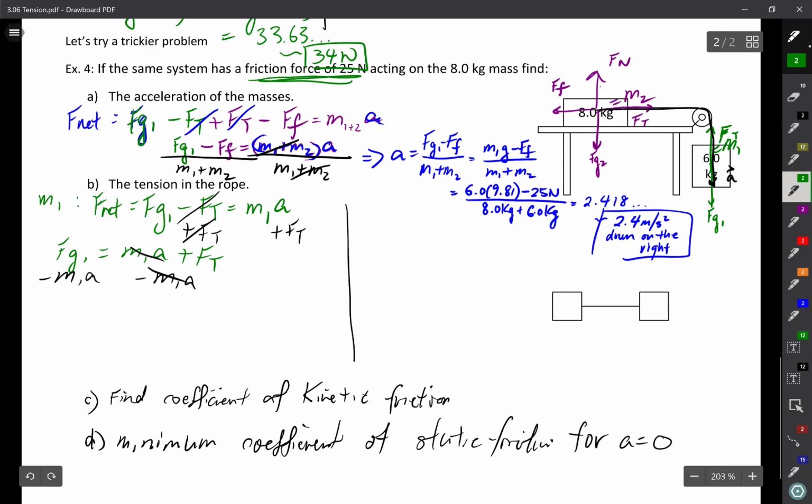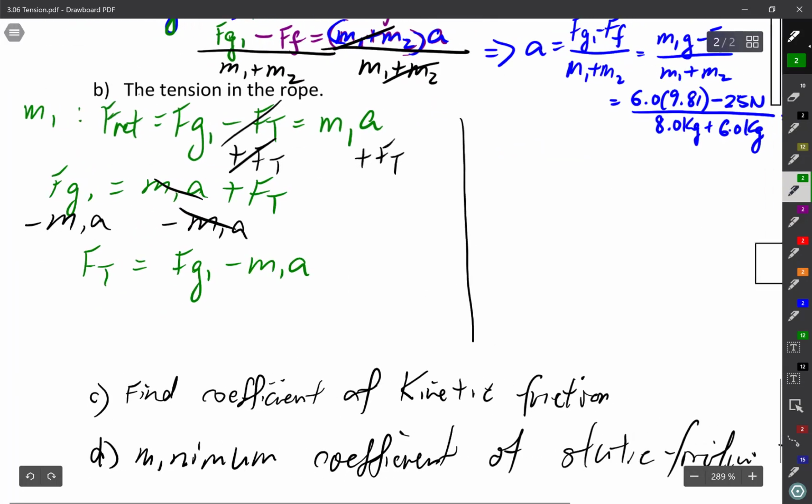We get Ft, and again I'm going to do a switcheroo here. Ft is going to be Fg1 minus M1a, and Fg1 is just mass times gravity minus M1a.